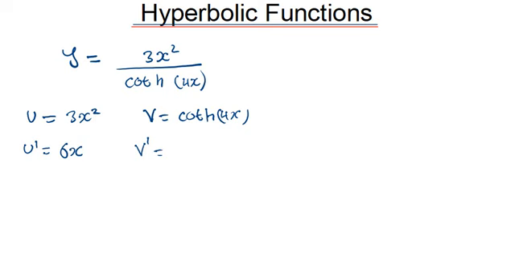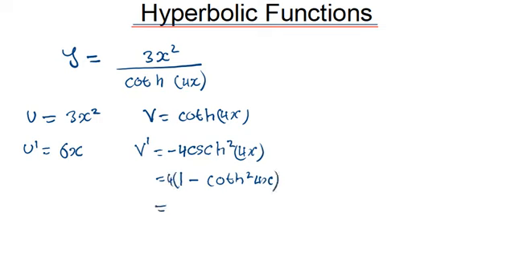We can either say the derivative of hyperbolic cotangent of 4x is equal to minus 4 hyperbolic cosecant squared of 4x, or we can also use 1 minus hyperbolic cotangent squared of 4x, but of course we have a 4 outside here.